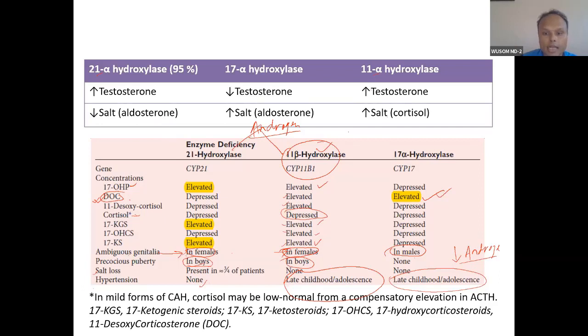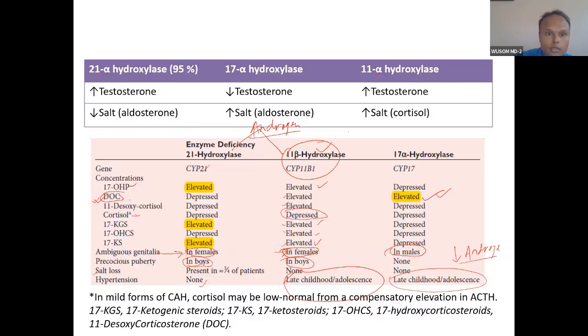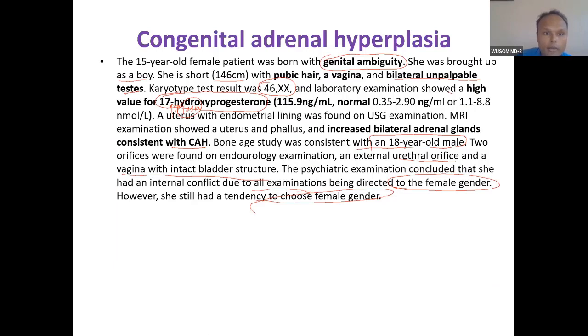Female has ambiguous genitalia. So among these 2, one will be the disorder, and this is the most common. So try to go for this. 21 hydroxylase deficiency is the condition. This case is a case of 21 hydroxylase deficiency.